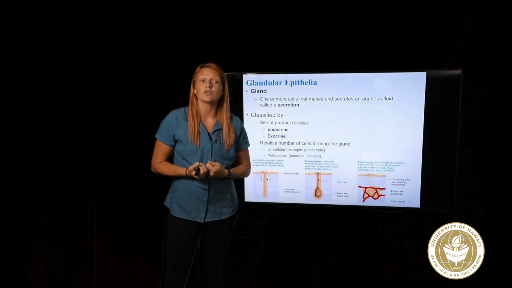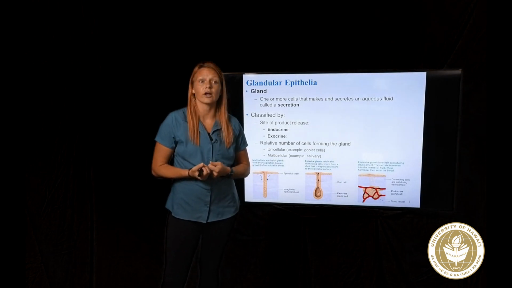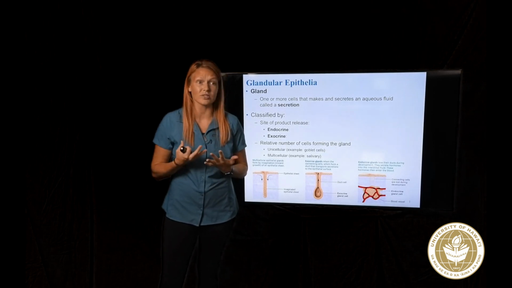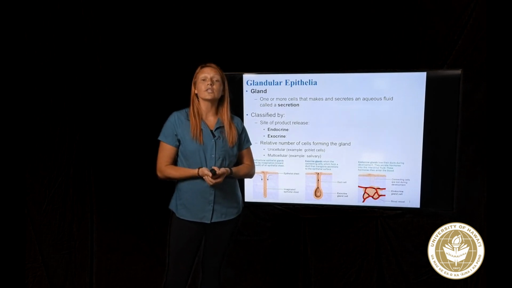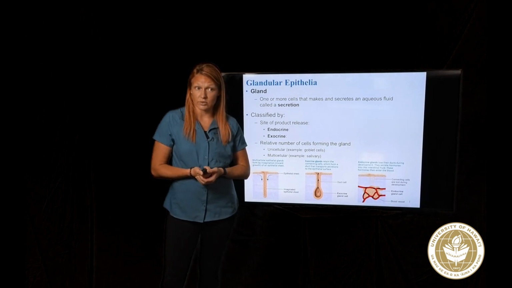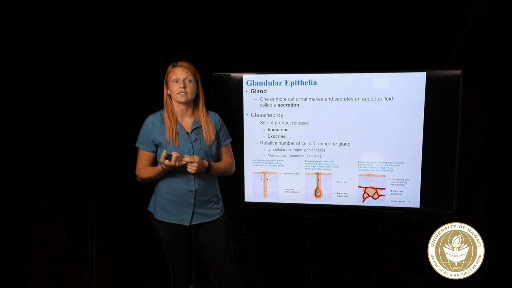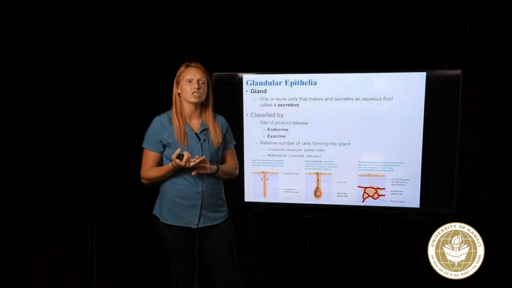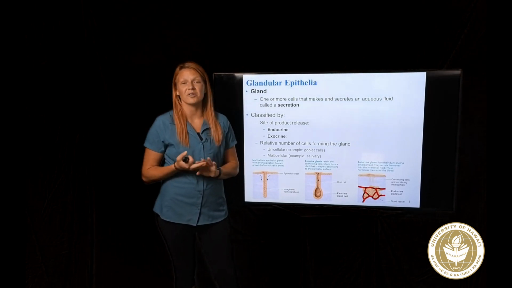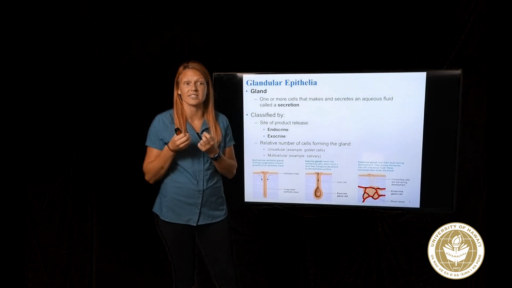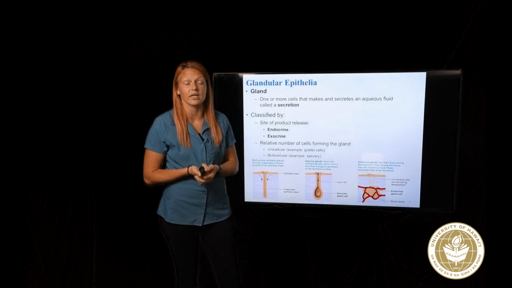Our exocrine glands are going to be more numerous than our endocrine glands, so meaning they're much more diverse, right? And they're going to secrete products into ducts. So examples of these include things like mucus, sweat, oil. When you think oil, think of things like pimples, right? When that oil gets stuck in that secretory gland.